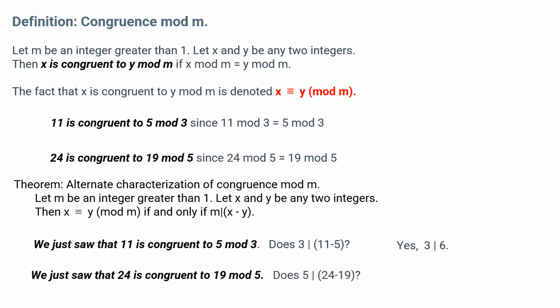We saw that 24 is congruent to 19 mod 5. Does 5 divide that difference? 24 minus 19 is 5, and yes, 5 divides 5. So we see that's true. Sometimes that's an easy way to tell if two numbers are congruent in a certain mod, just take the difference of the two numbers and see if m divides that.